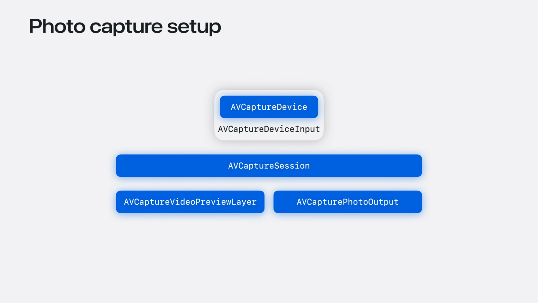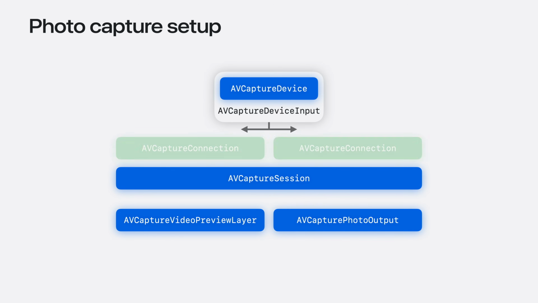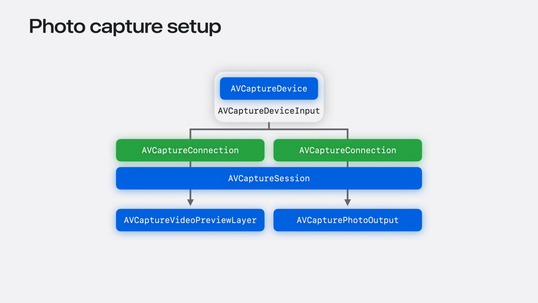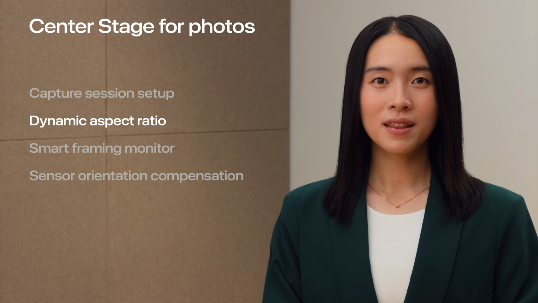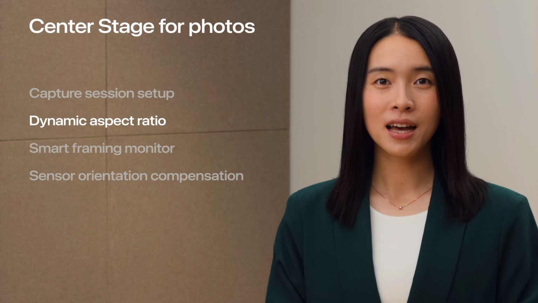Also, add an AVCapturePhotoOutput to receive photos. As you add inputs and outputs, the capture session implicitly forms AVCaptureConnections between those with compatible media types. With that setup in place, I'll move to Dynamic Aspect Ratio, the building block for both manual and automatic framing.